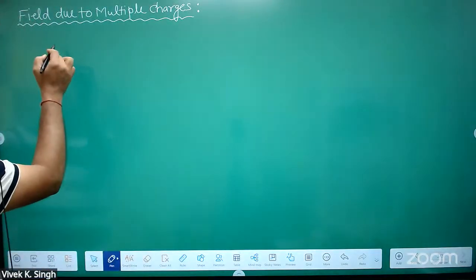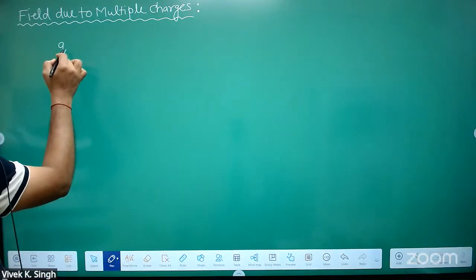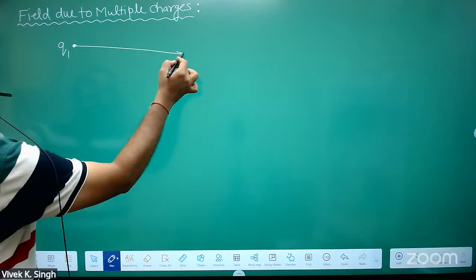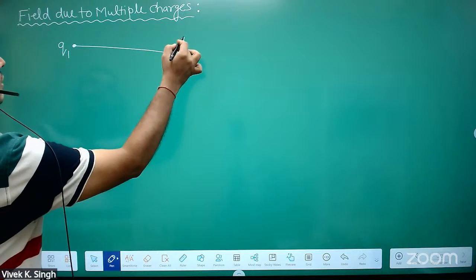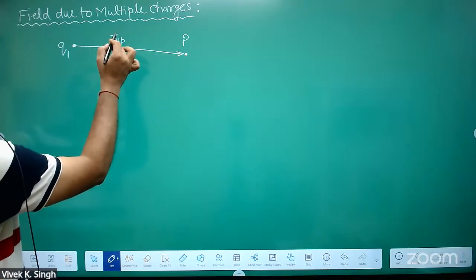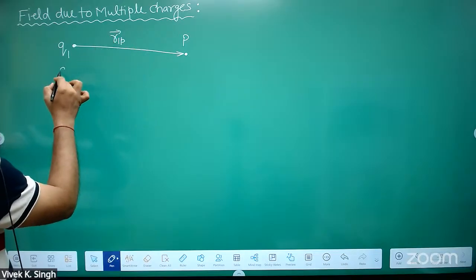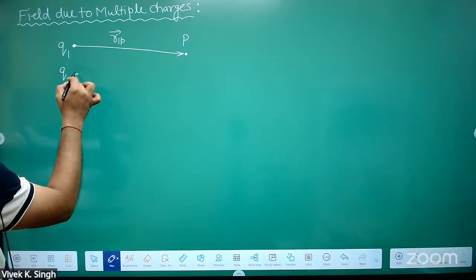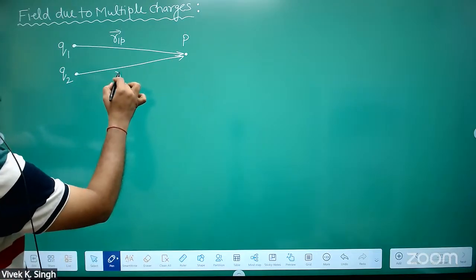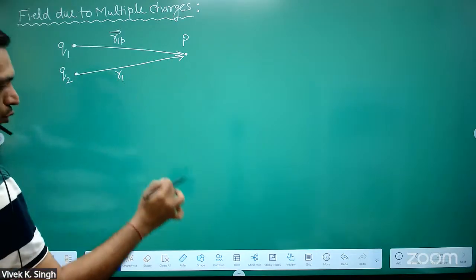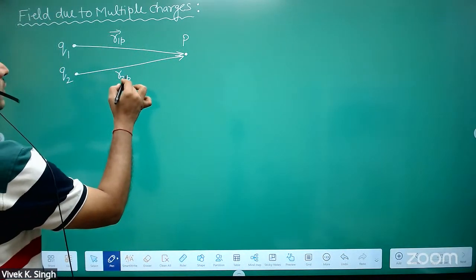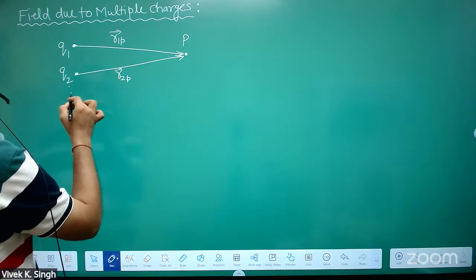So assuming you have a charge q1, and this is point P, and this is position vector R1P. Then you have charge q2. So this position vector is R2P. And so on.